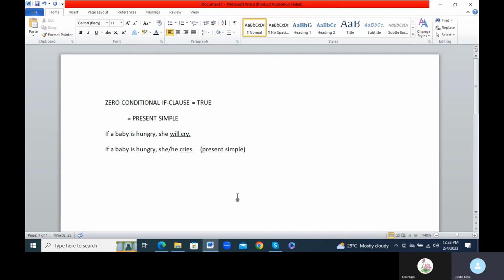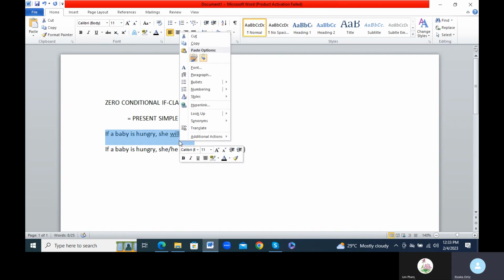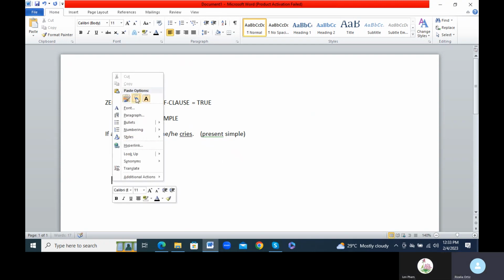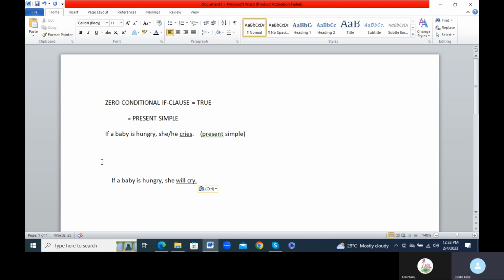So this first sentence belongs to another condition. So I will cut this and put it in the next type of if clause. This is what we call the first conditional.